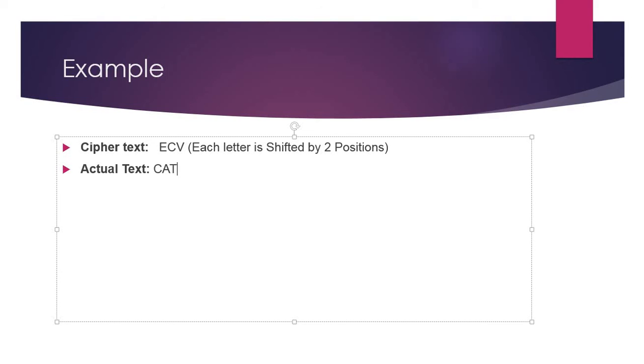So the sender of the message would send ECV to the recipient of the message. And since the recipient is already aware of the number of positions the letters were shifted, he would shift the cipher text back to its original form and get the message the sender was trying to send.